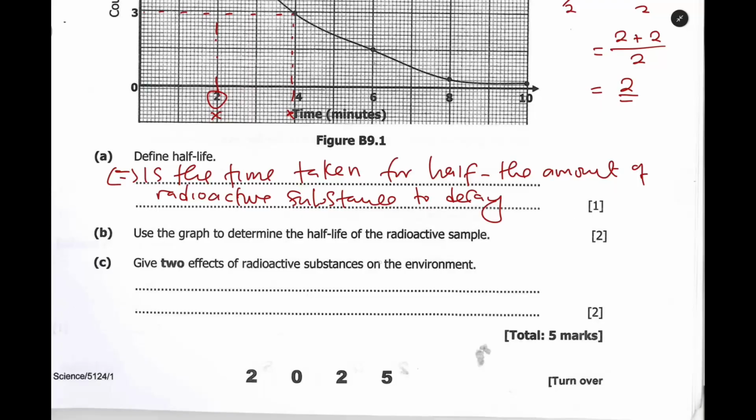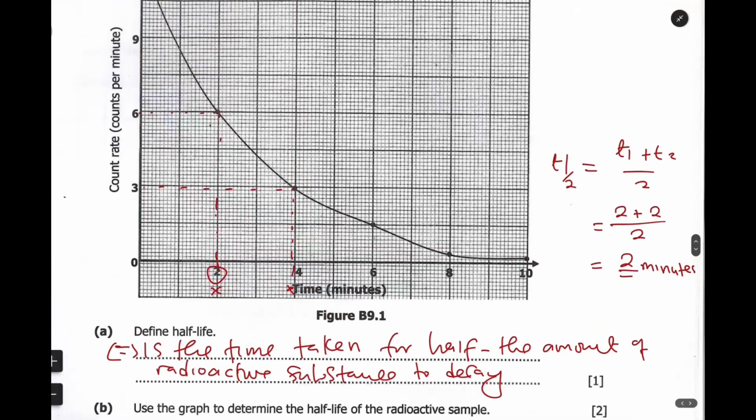So that is how we can determine the half-life. Half-life is equal to half-life 1 plus half-life 2 divided by 2, which is 2 plus 2 divided by 2, giving us 2 minutes.